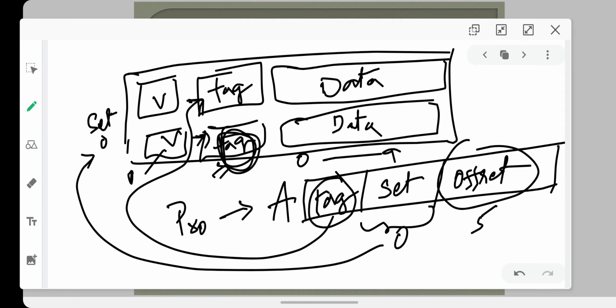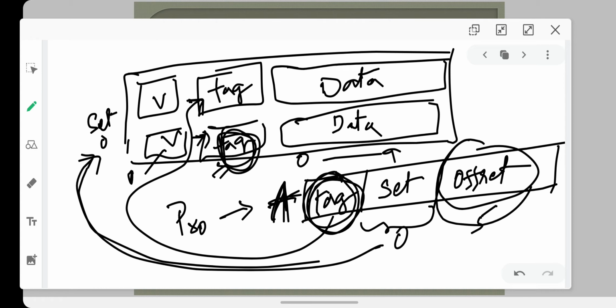So the address given by the processor is A. From this address, first we find the set number. When you get into the set, you compare the tag with all the tags in the set and check that the valid bit is 1. When these two are done, we get the offset.